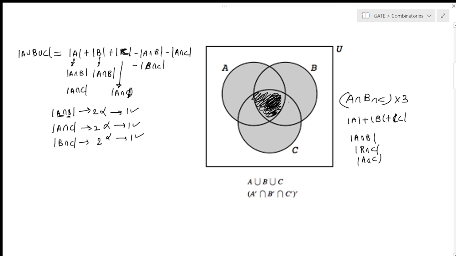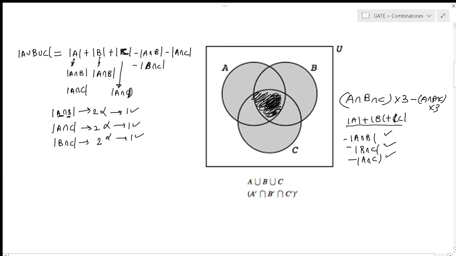Before subtracting, in our total summation of these three elements, I had A intersection B intersection C three times, and when I subtracted each of these terms one time, A intersection B also includes the A intersection B intersection C, because it is a subset of A intersection B, right? So I again removed it three times. A intersection B intersection C got removed three times because of these three terms.